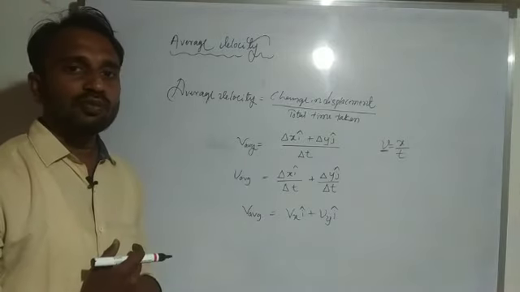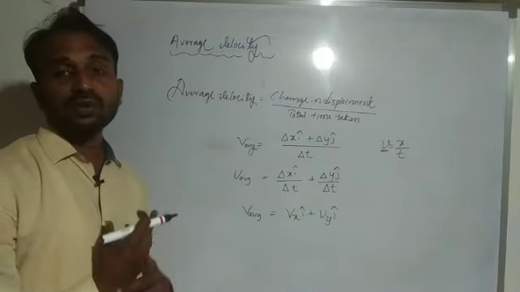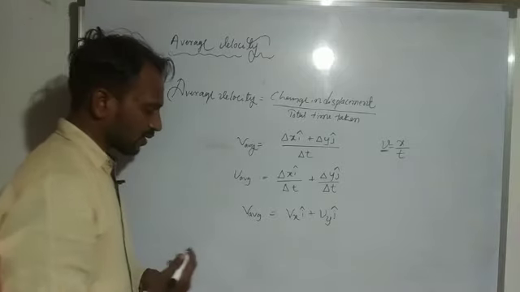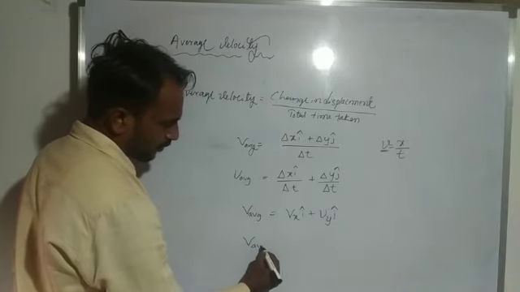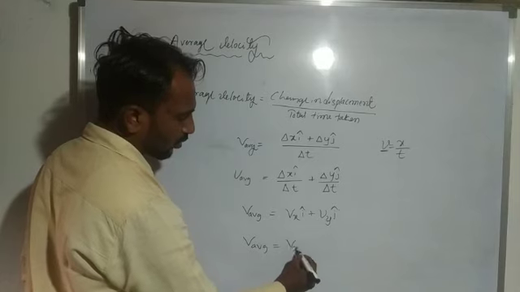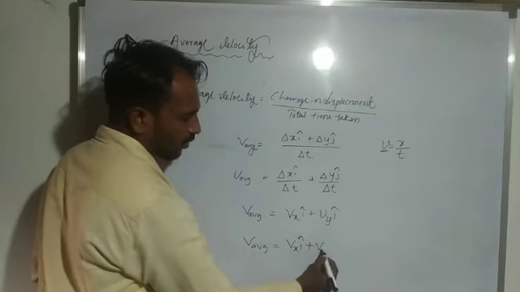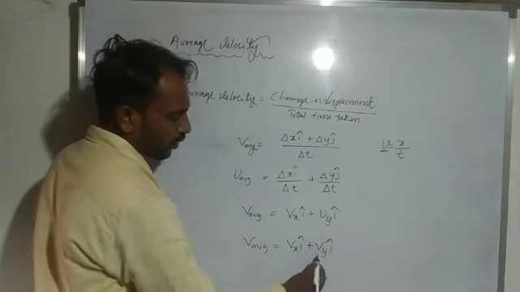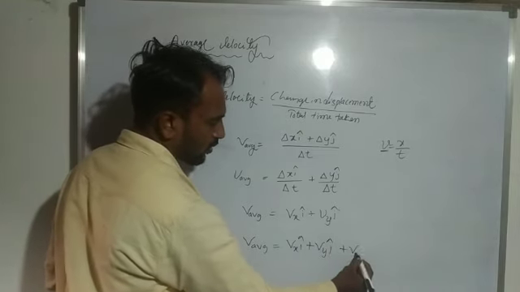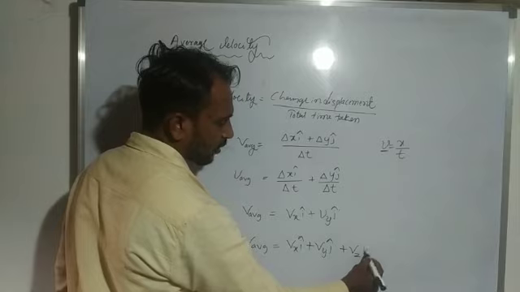Suppose the object is in space. Here we want to calculate the average velocity. It means average velocity is equal to velocity along the x-axis Vx i cap, plus velocity along the y-axis Vy j cap, plus velocity along the z-axis, Vz k cap.